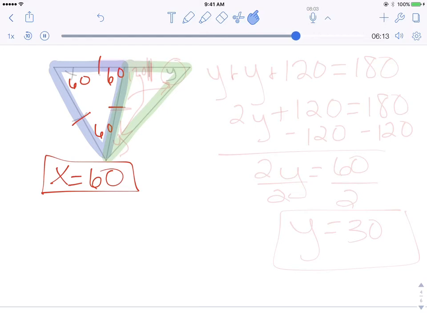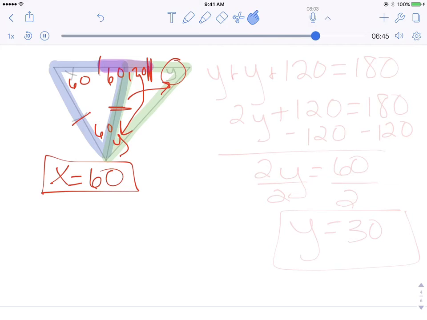We notice that this is an isosceles triangle where this side is congruent to this side. Therefore, the angles opposite those sides would also be congruent. So since this is y, this would also need to be y. We also notice that we have a straight angle right here on this side. So since one part of the angle is 60, that means the other part would be equal to 120.